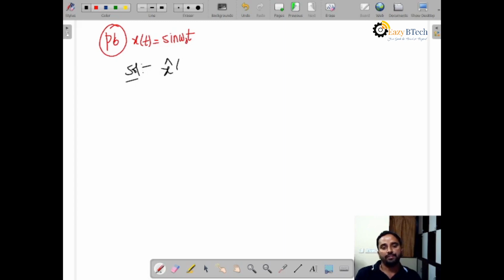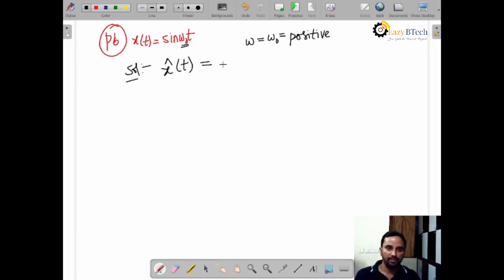x cap of t is equal to, here the frequency is omega naught, which is positive. When the frequency is positive, how much phase shift does it provide?